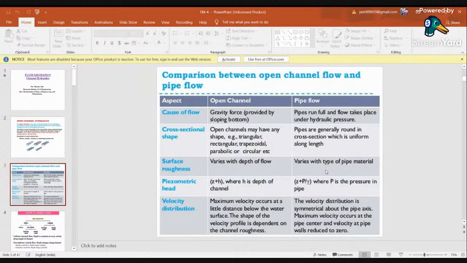In an open channel, the velocity is maximum at some distance below the water surface, and the shape of the velocity profile depends on the channel roughness. Whereas in pipe flow, the velocity distribution is symmetrical. The maximum velocity occurs at the center of the pipe, and the minimum velocity occurs at the edges of the pipe, or at the wall surface.